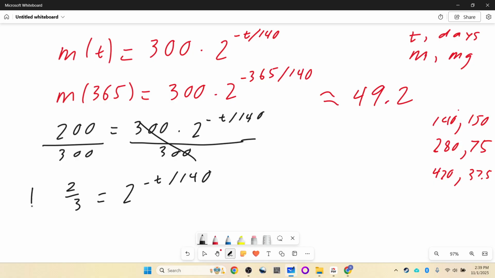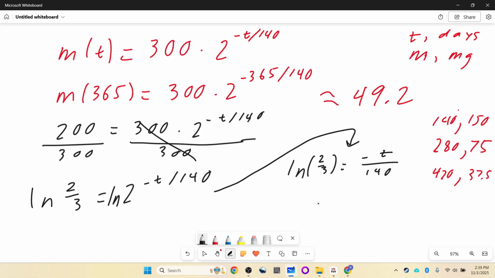I'll just do ln on both sides. I could use log 2, but either way, one of them is not going to cancel out. So I'll just use the ln for both. ln of 2/3 equals negative t over 140. So t is negative 140 ln of 2/3.